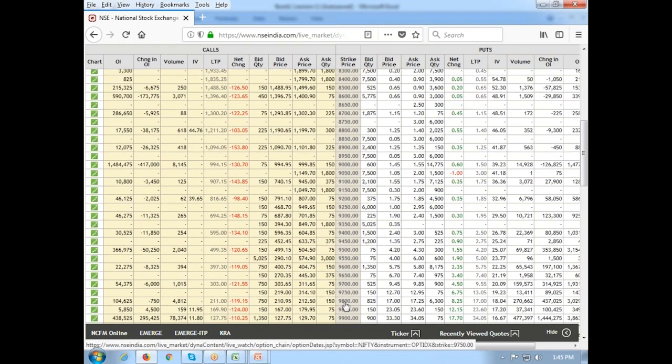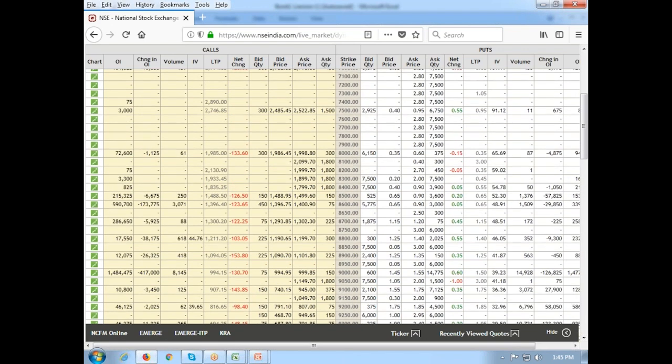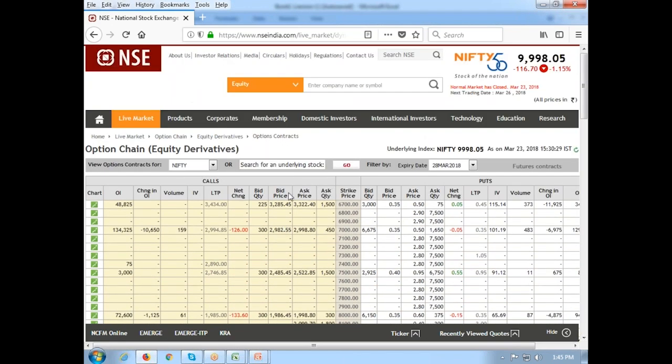The columns on the left side are the same as the columns on the right side: chart, OI, change in OI, volume, IV, LTP, net change, bid quantity, bid price, ask quantity. And the same way on the other side, in reverse.